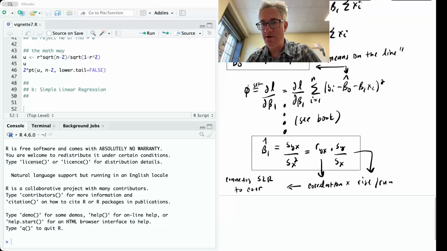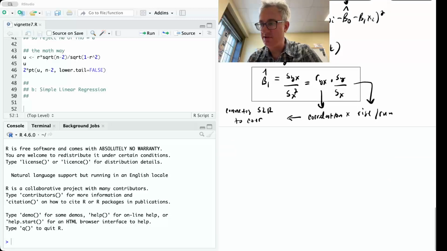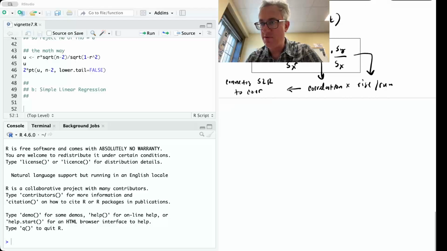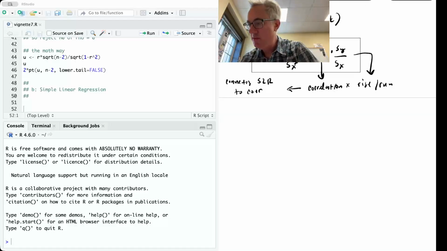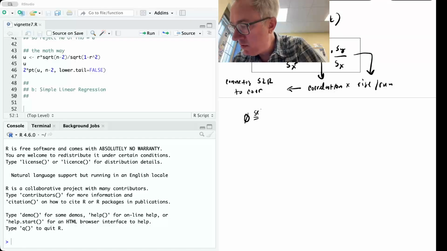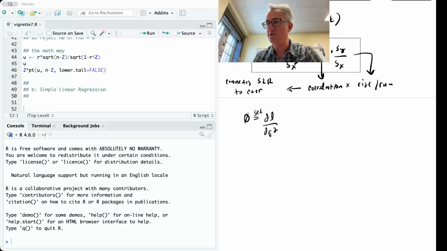Finally, I know we've done a lot of math, and one of the reasons I'm skipping the beta 1 hat estimate is because it's just way too much for this video, and I've got to keep this video as short as possible. Fortunately, if we do the last parameter by taking the derivative of the log likelihood with respect to sigma squared, we've actually done this already.